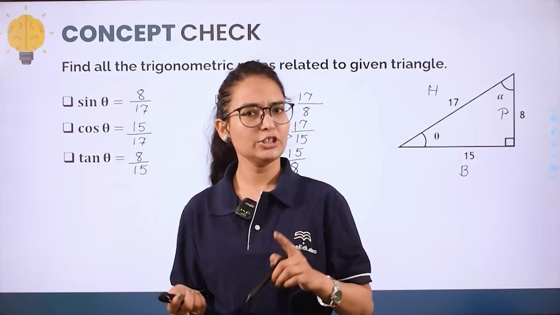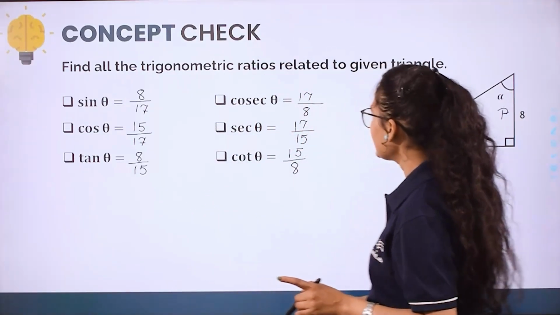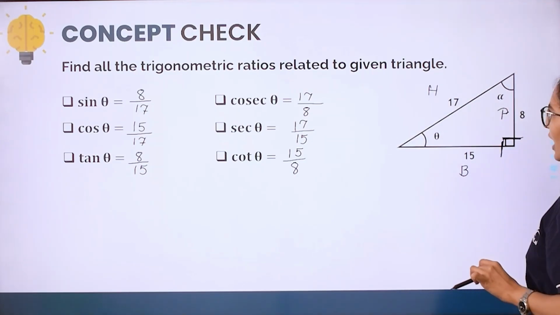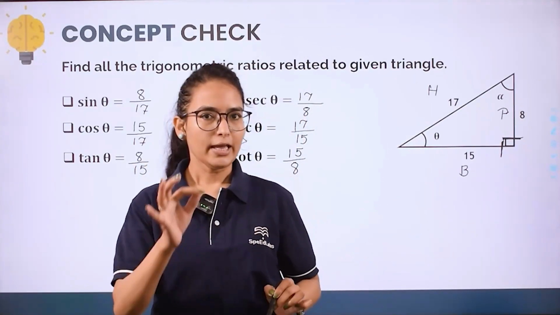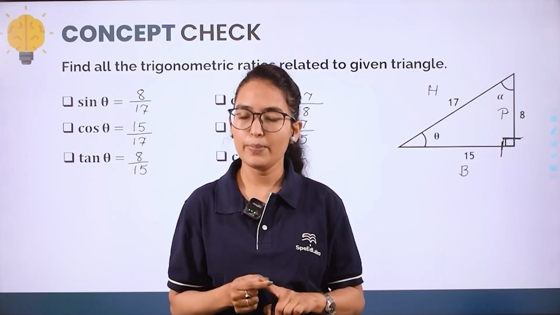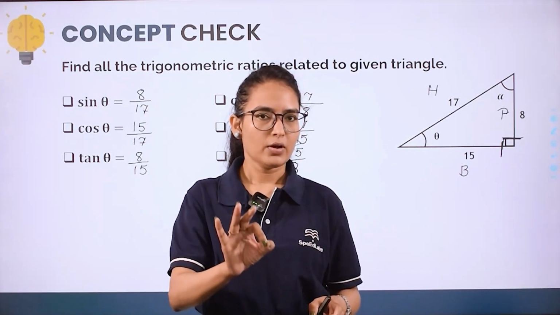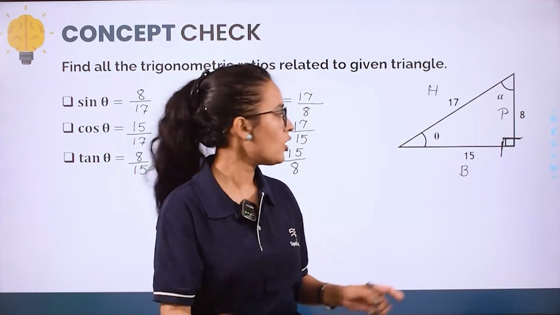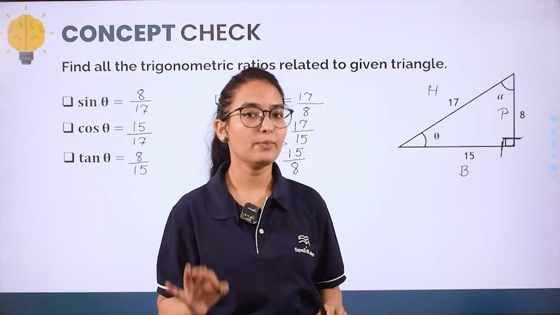What happens if I change the angle of reference to alpha? This 90-degree angle is not changing, so the hypotenuse side is fixed. If we change the angle of reference, then the perpendicular and base sides will get exchanged. It does not matter if you change the angle of reference; as long as the 90-degree angle is fixed, there will be no change in the hypotenuse side.